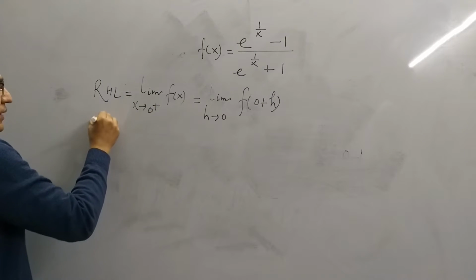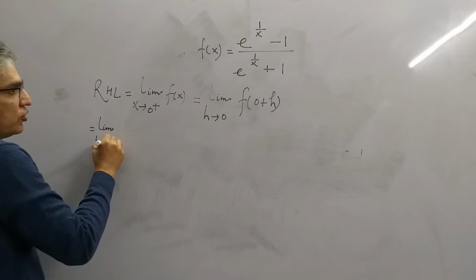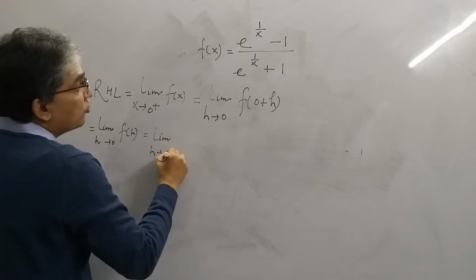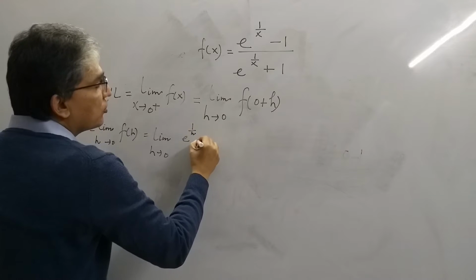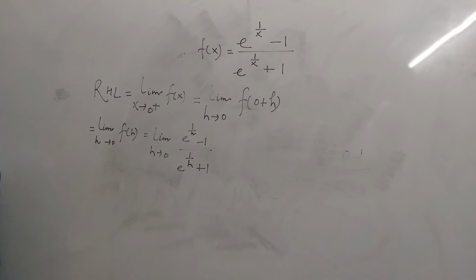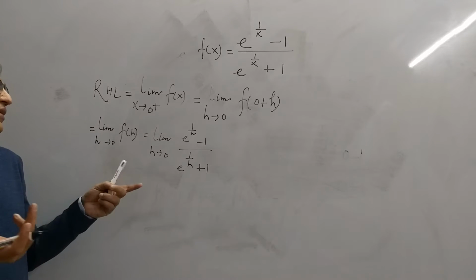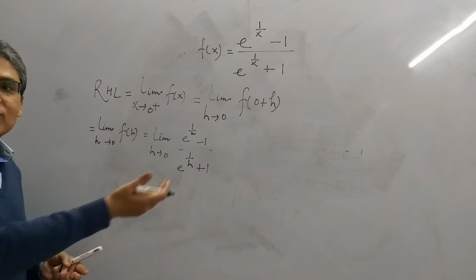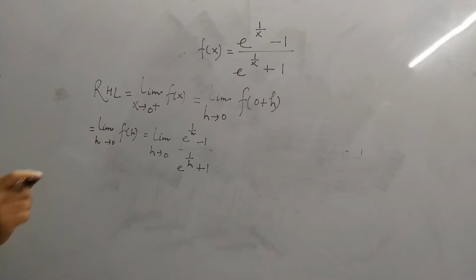So this is basically limit h to 0 f(h). That is basically limit h tends to 0 of e to the 1 by h minus 1, over e to the 1 by h plus 1. Now again there is a problem. What to do? As I argued in the last case, you cannot say that this h can be put here, then this becomes too big, infinity minus 1. I mean, these things don't make sense. So even in applying the logic, there has to be some structural argument put before that.